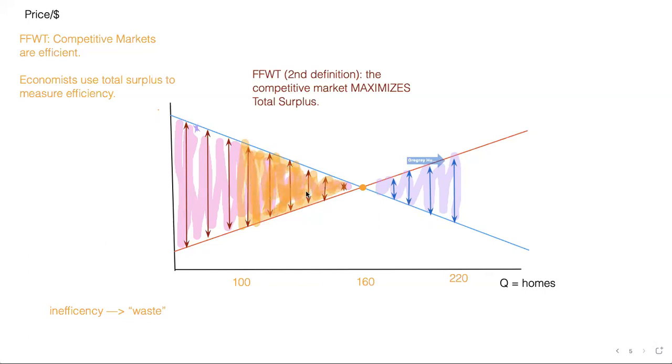If we didn't make something that was needed, we would be giving up potential positive contributions to total surplus.